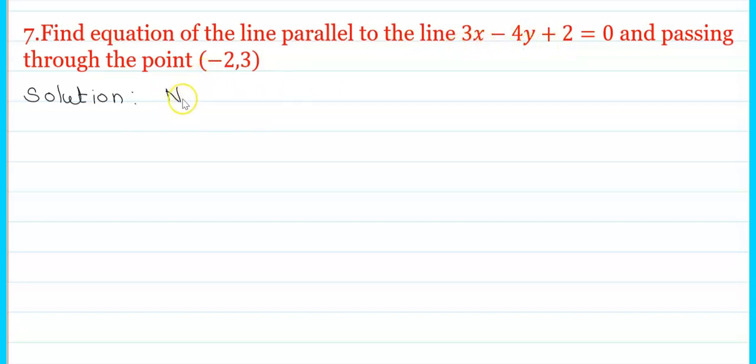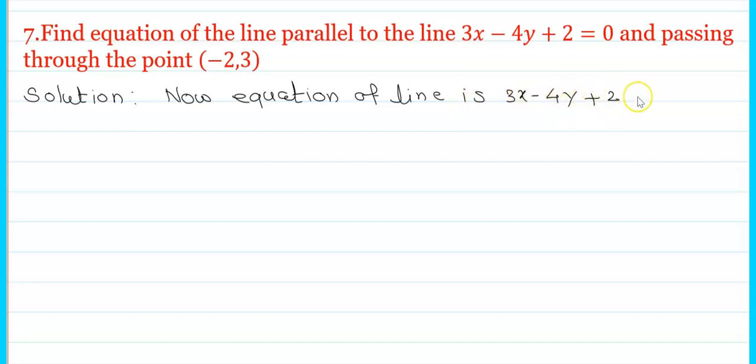Now the equation of the line is 3x minus 4y plus 2 equals 0. Therefore, we can write this equation in the form of y equals mx plus c.